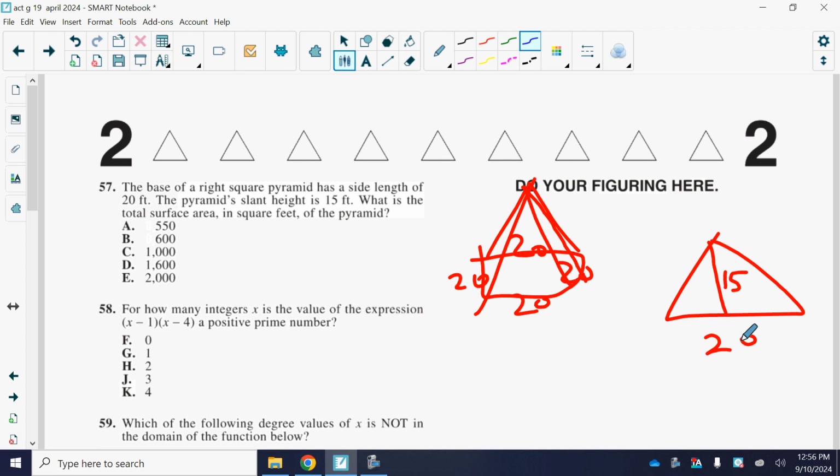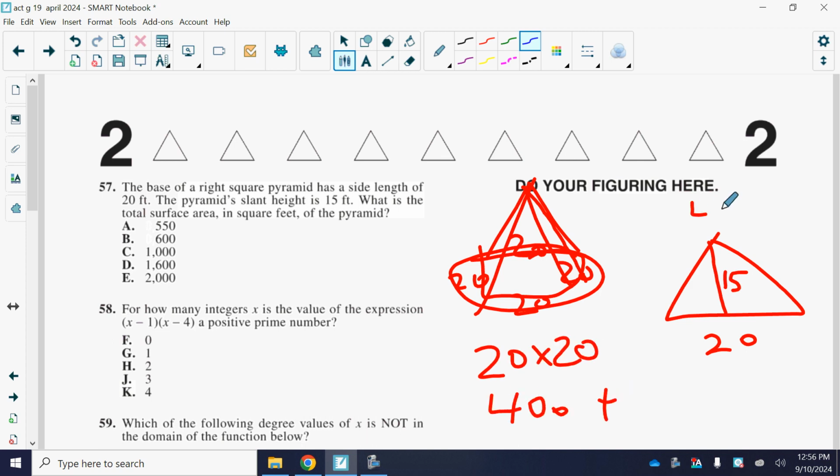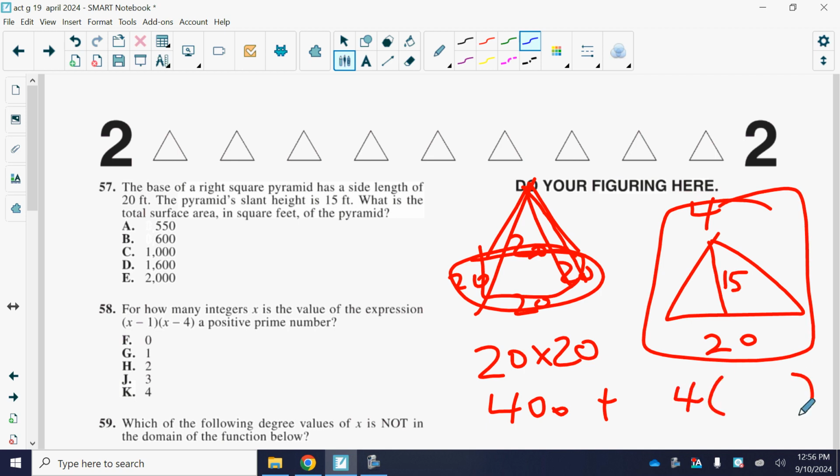You have a square base, that's 20 times 20, 400, plus 4 triangles that are all area of triangle. It ends up being 150. So the answer is 1,000, 400 plus 600.